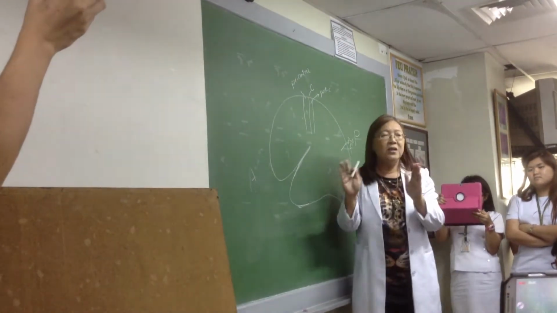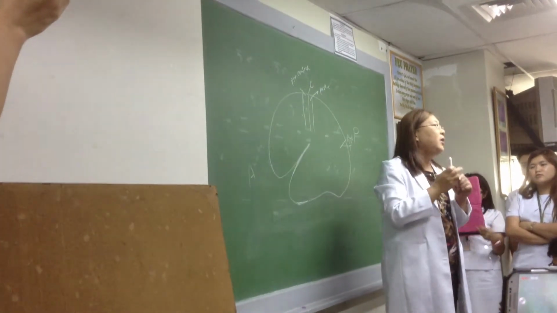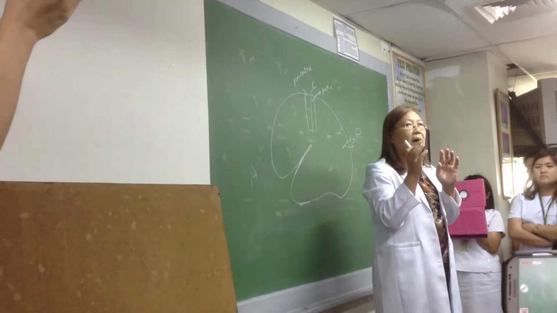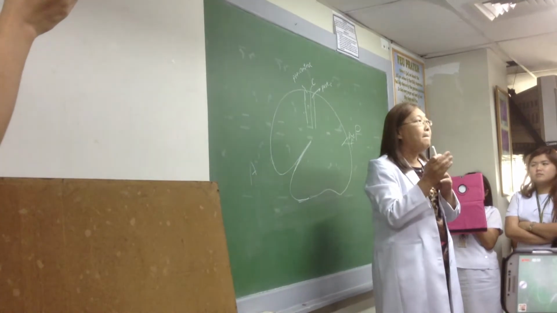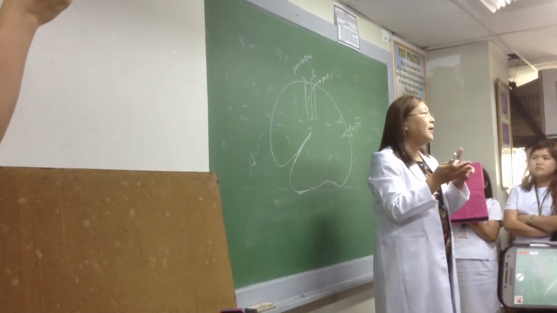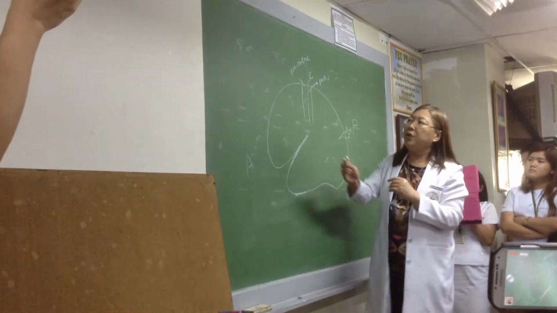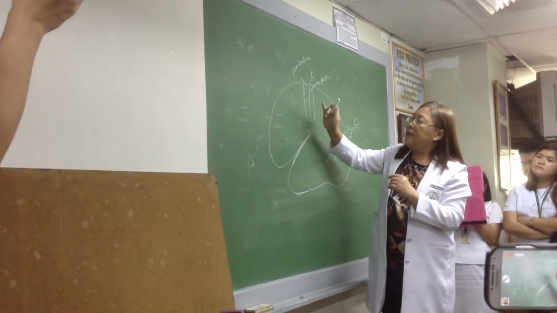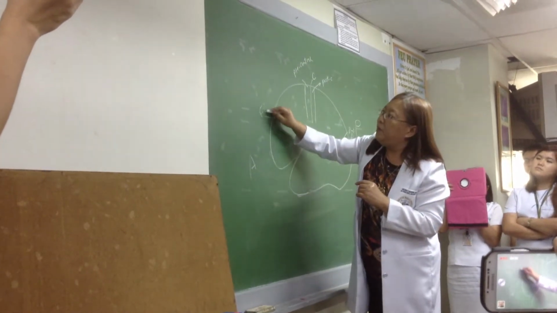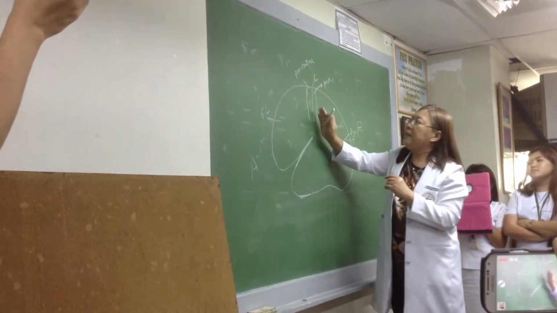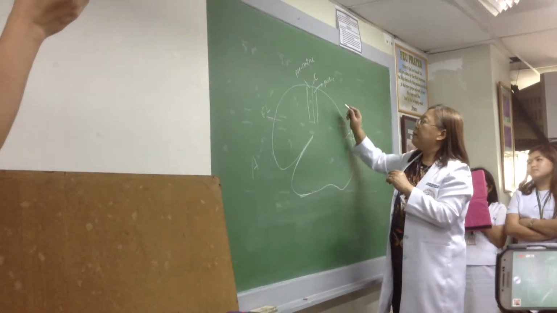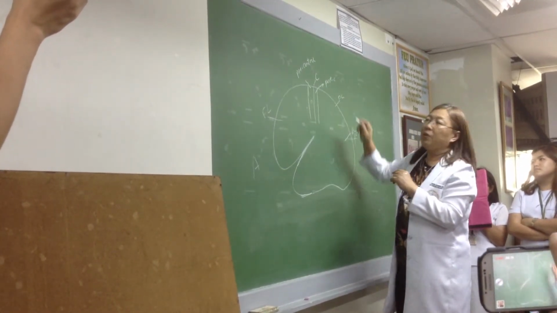Now, with these fissures, you can now divide your cerebrum into the lobes. Now, the lobes actually correspond to the bones of the skull. No? You have frontal, temporal, parietal, and occipital. So, paano yun? In front of the central, above the lateral, is frontal lobe. Diba? Behind the central, in front of the parieto-occipital, syempre, parietal lobe.